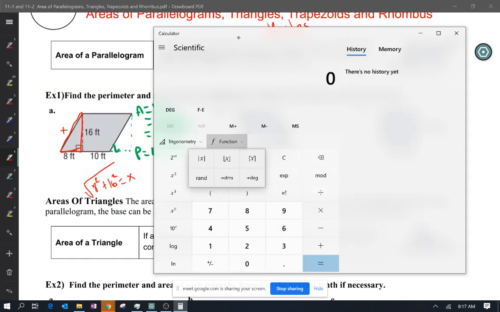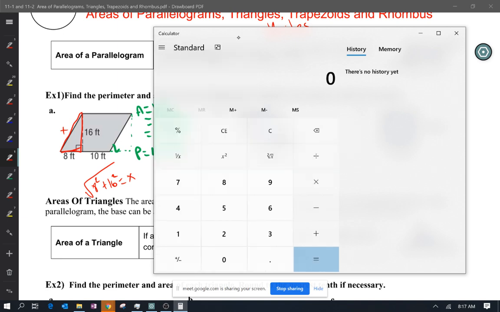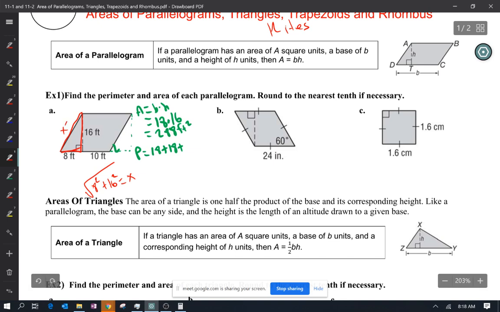Does a standard calculator have a square root? Yay, it does. All right, so 8 squared plus 16 squared equals that, and then take the square root of that, so 17.9. So this is around 17.9, which makes this around 17.9.